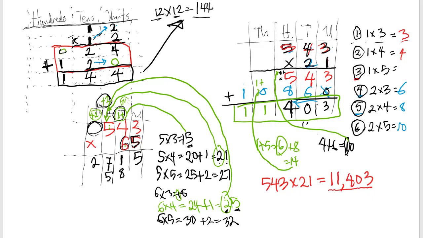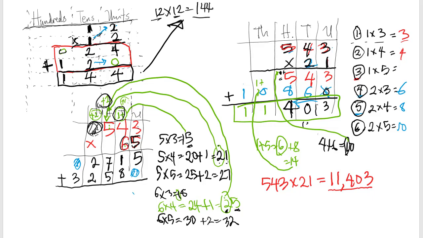So we write the complete 32 because there's no other number here to multiply 6 by. So we put our addition sign, then we add up everything. Remember, there's no number here, so we just add it like there's a 0 there.